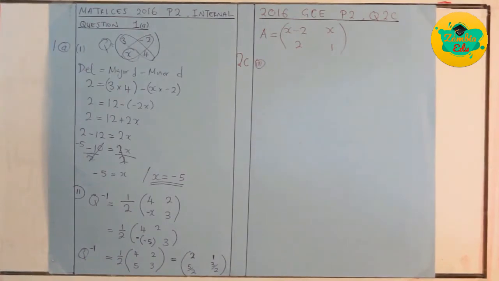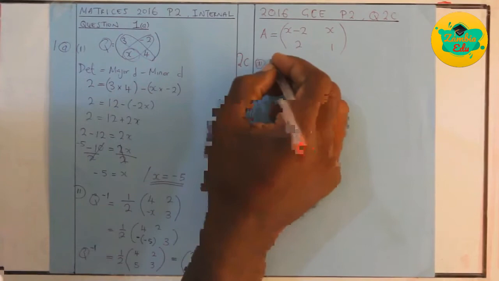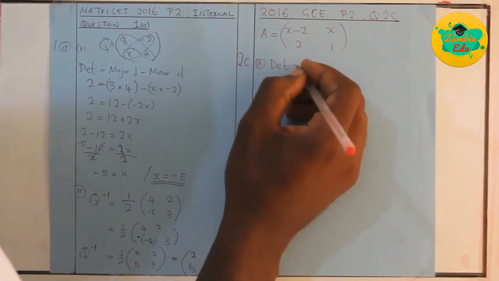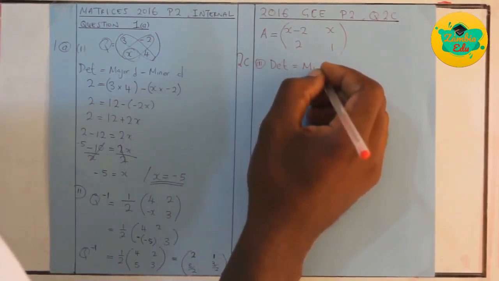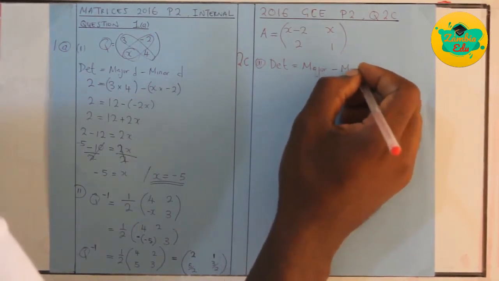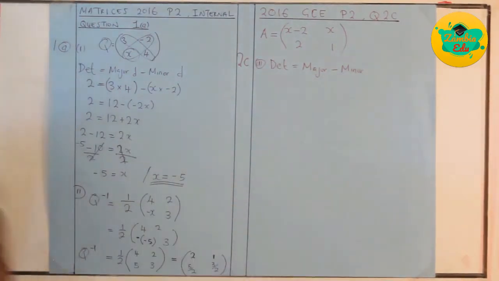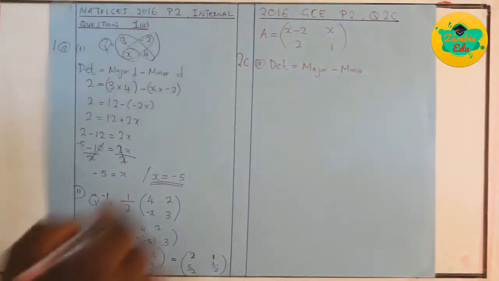So like we know, first things first, we can have a formula there. We're saying determinant is equal to the major diagonal minus the minor diagonal. That gives us our determinant.